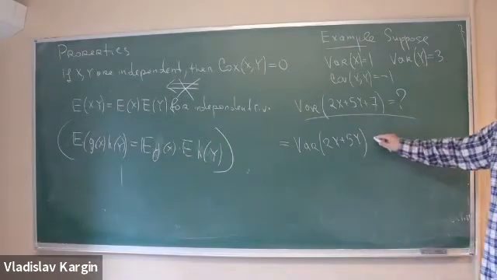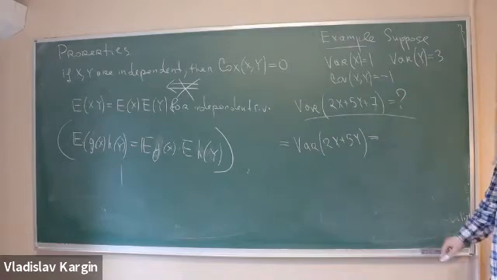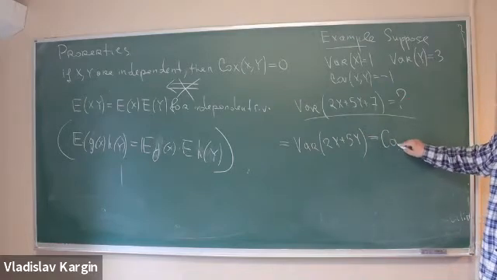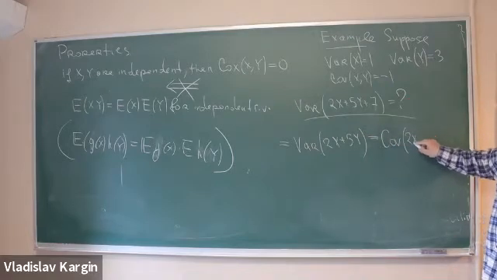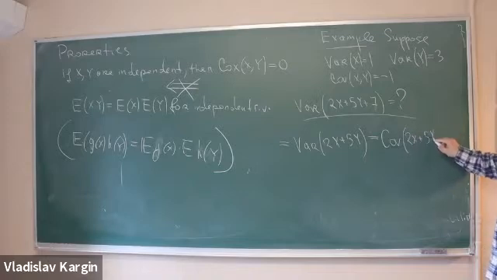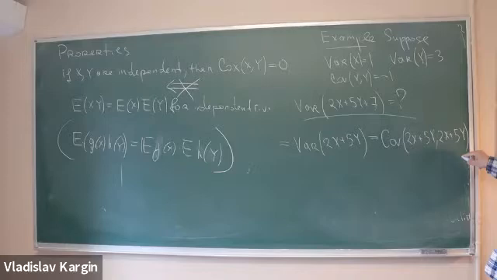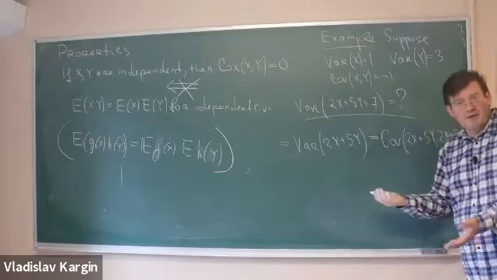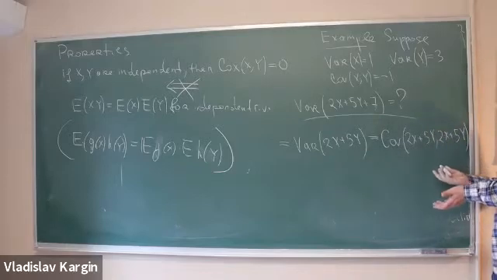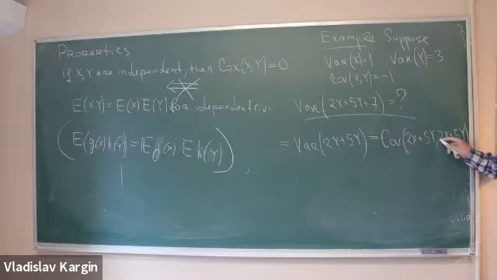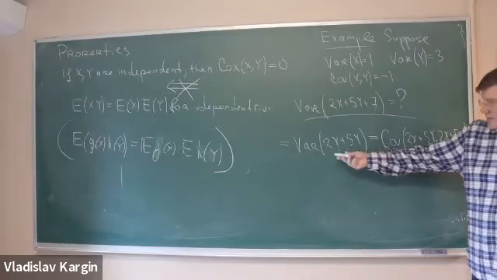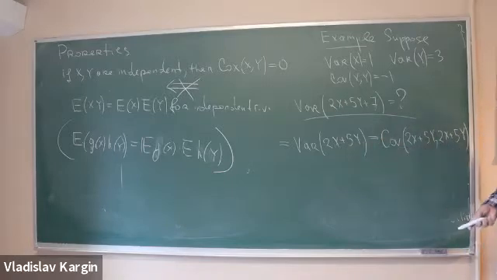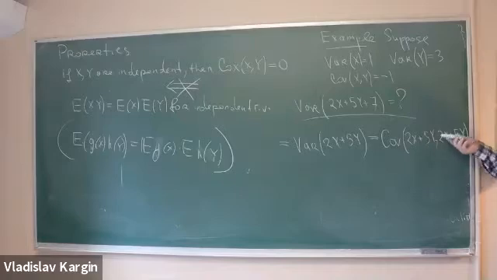One of the properties of variance and covariance is that it's the same thing as the covariance of 2x plus 5y with 2x plus 5y. Variance is like a square, while covariance is like a product; this is like a product of 2x plus 5y multiplied by 2x plus 5y. After that, you start to use linearity and other things.